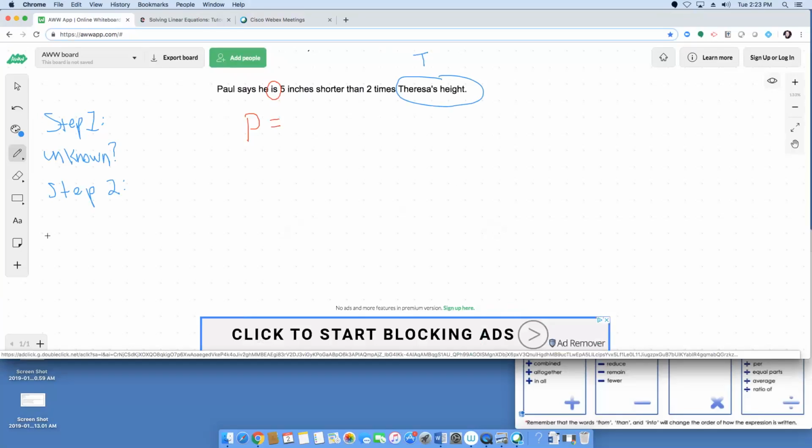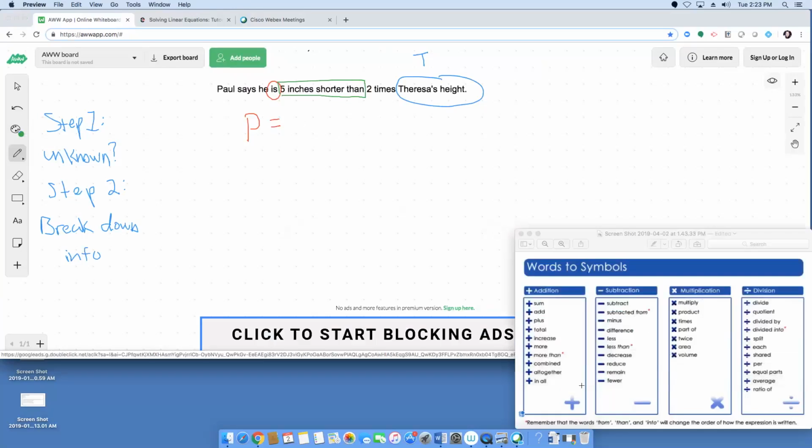Step two would be to break down information. Okay, so let's get another color. I'll do green. 5 inches shorter than. So that's one piece of information. It's 5 inches shorter than. Okay, how do we write 5 inches shorter than?